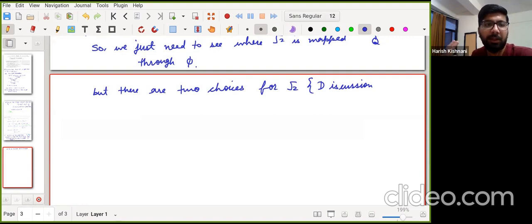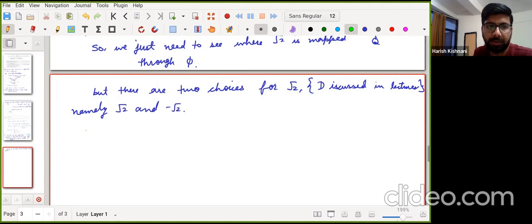So it has only two roots, one is root 2 and the other is minus root 2. So root 2 can be mapped to either root 2 or minus root 2. This has already been discussed in class. So this is namely root 2 and minus root 2.